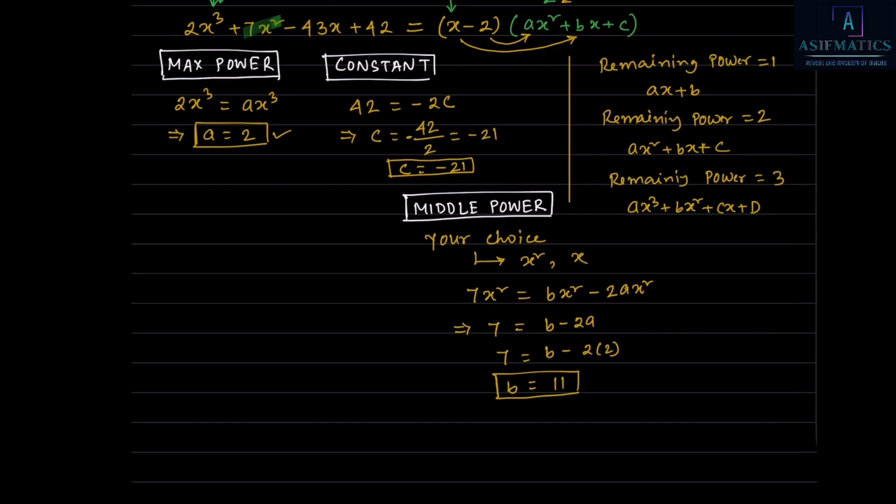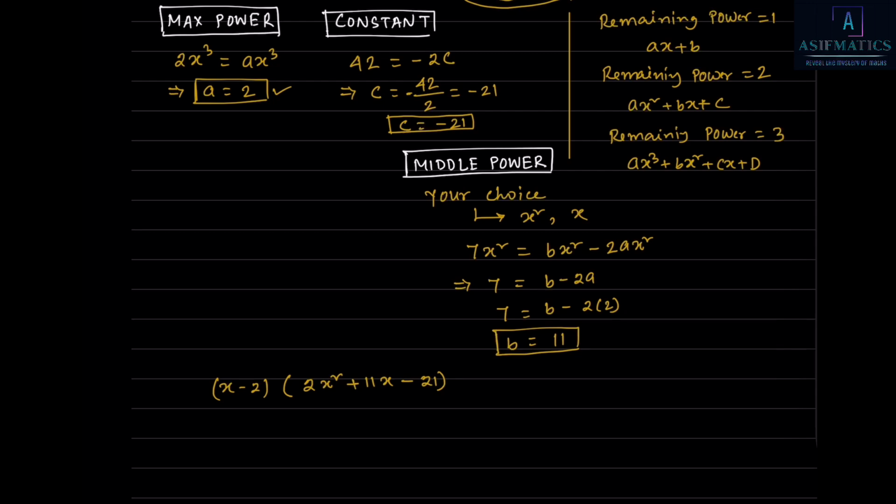Our factor will be x minus 2, which is already one factor, and the second factor, the quadratic factor, will be ax squared, that means 2x squared, plus bx, so b is 11, plus 11x, and c is minus 21, so minus 21.